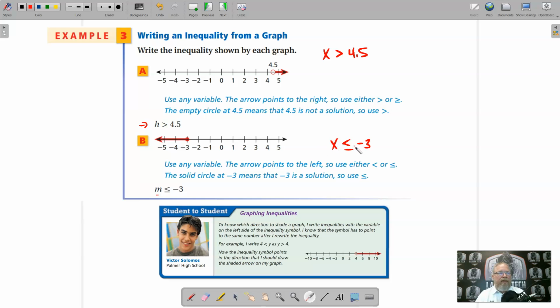Then the only other thing to do was determine should it be open dot or closed dot, and whether it should have the half of an equal sign or not. And then what number to put to the right, which is whatever number is plotted on the number line. So having your variable on the left, like Victor says down here, is a big help in understanding which way the arrow on the graph should go.